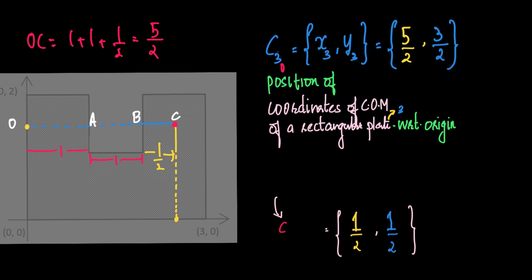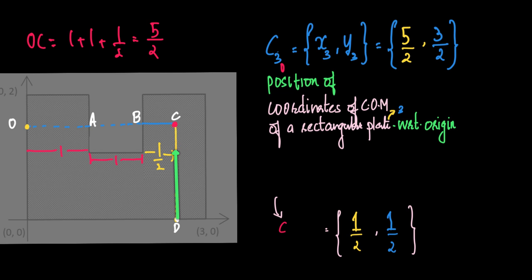Now let's see what happens with the y coordinate. So let us say this is CD. So what is y3? Y3 is the distance of this point C from the x-axis. So from the x-axis, if we measure, we see a couple of lines here. We can see one line which starts from D till over here. Maybe we call it E. And then we have another line which starts from E to C, right?